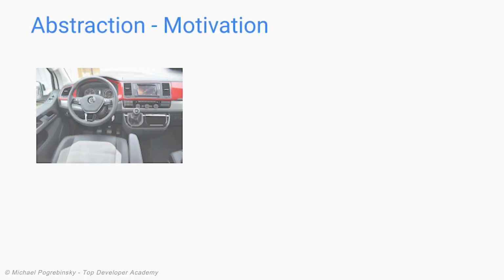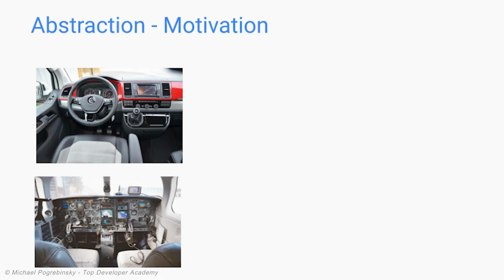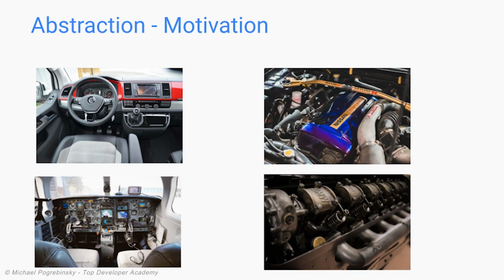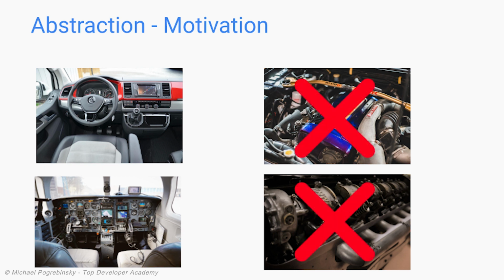Similarly, when a driver is driving a car or a pilot is flying a plane, they rely on the abstraction of the steering wheel, buttons, and dashboard they're provided with, and they wouldn't be able to do anything if they had to think about all the complexity involved in every move they make.